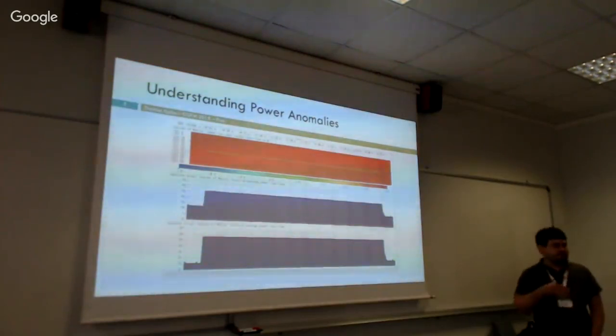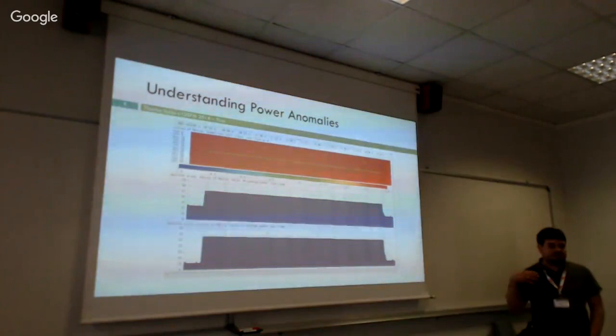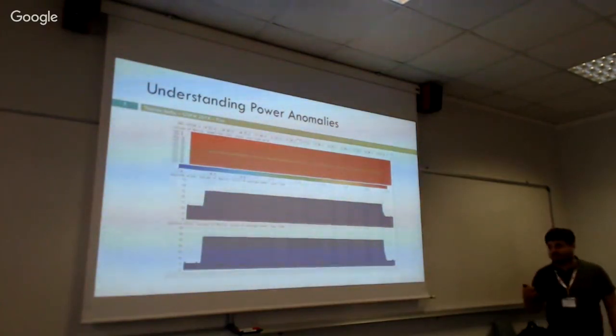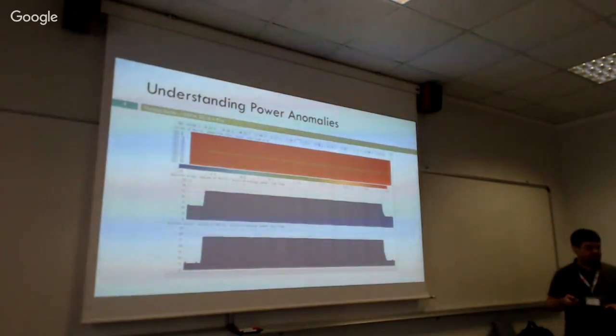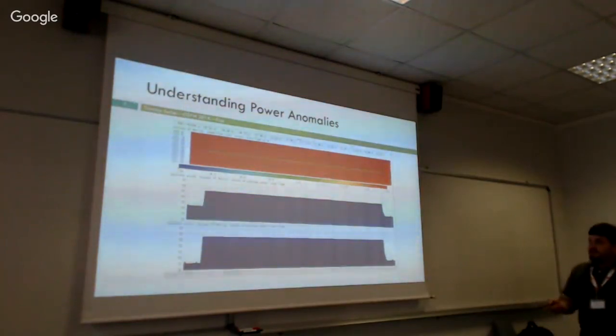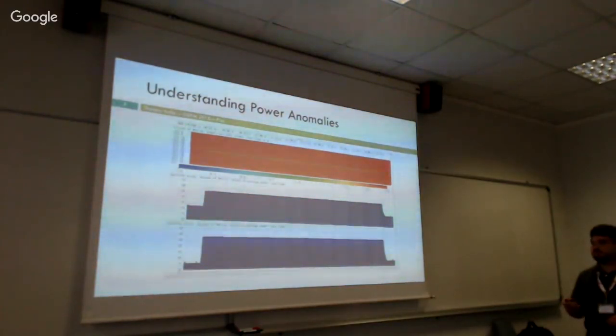So we know whenever something is scheduled, and whenever some C state is entered or requested to be entered by the operating system. We have an external power measurement with no impact on the system itself, recorded on a totally different system. In this case, the power measurement is a DC power measurement for both of the sockets in the system. And what we see here is a time range of about 3 seconds.